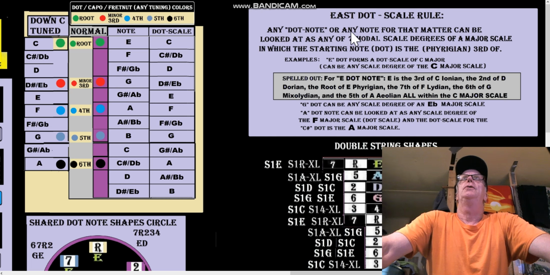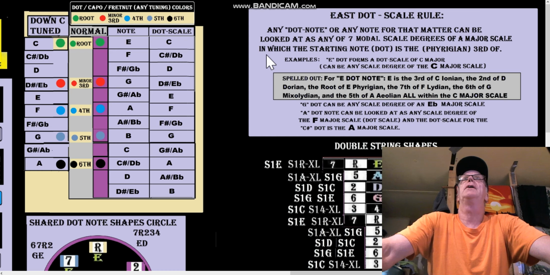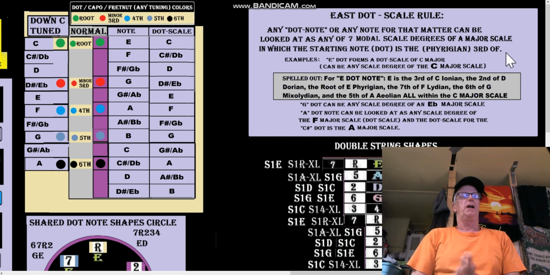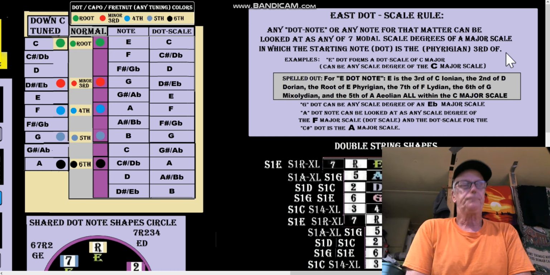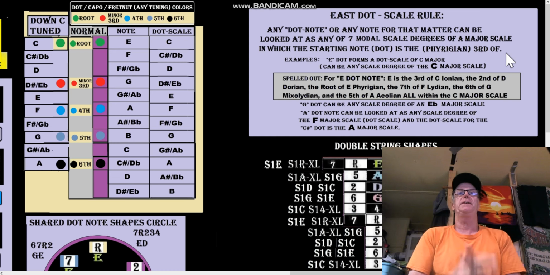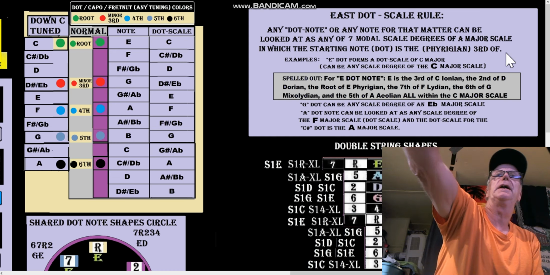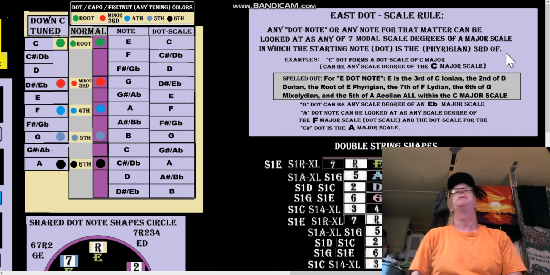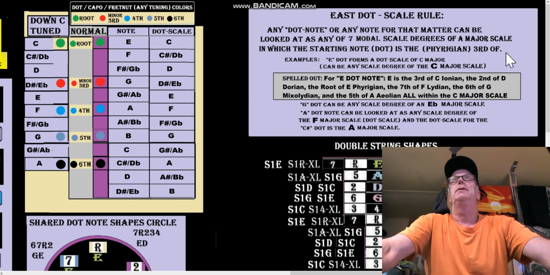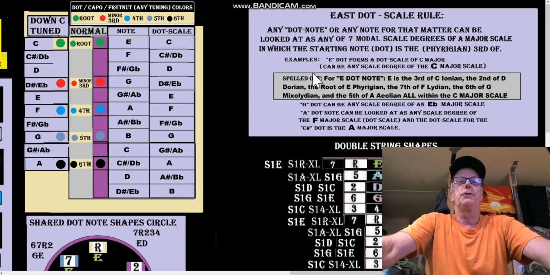Any dot note, or any note for that matter, can be looked at as any of 7 modal scale degrees of a major scale in which the starting note dot is the Phrygian third of. Now I've tried the other intervals and I can't get anything that'll form a major scale except for the way it was described. You look at a major third down, and that's the dot scale.